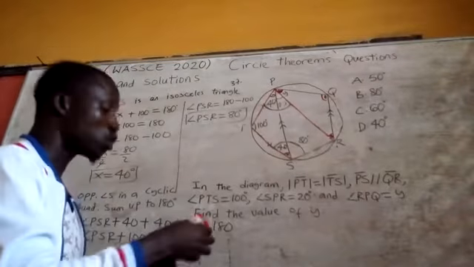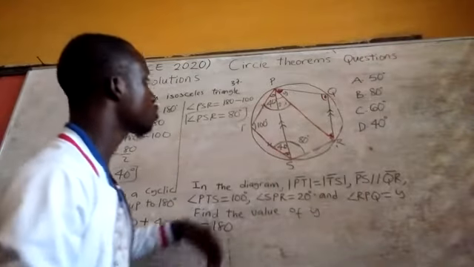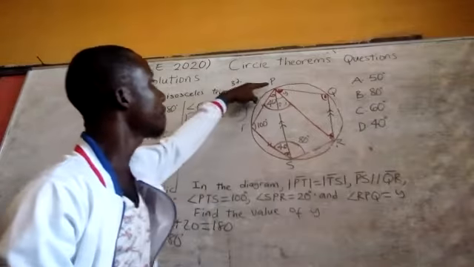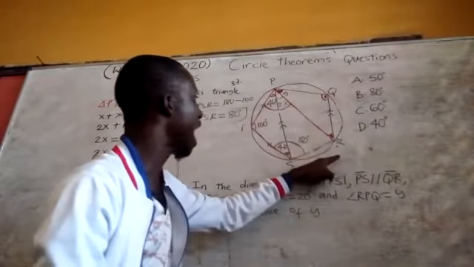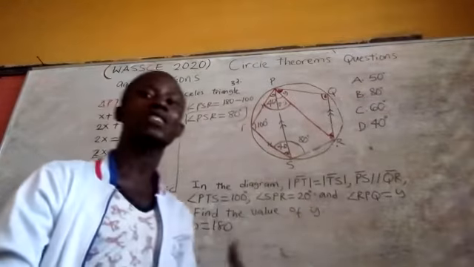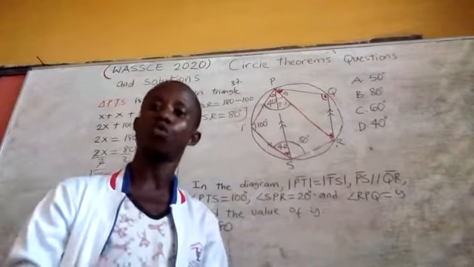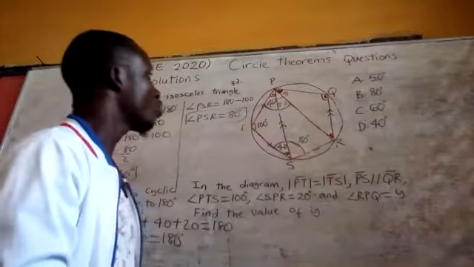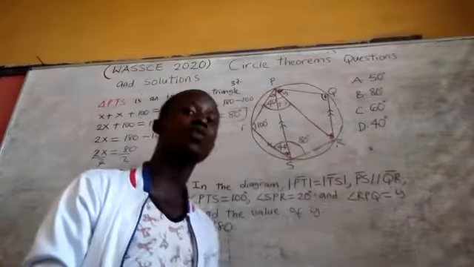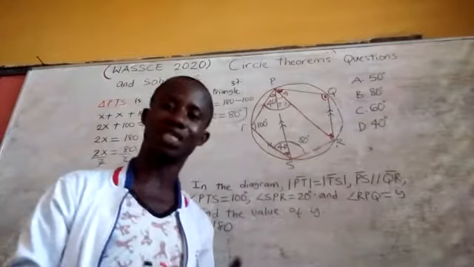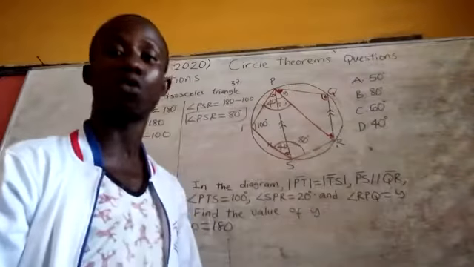And we can also consider quadrilateral PQRS as a cyclic quadrilateral because it has been inscribed within a circle. Each point of the quadrilateral touches the circumference of the circle.